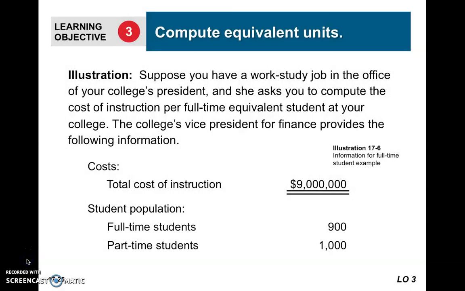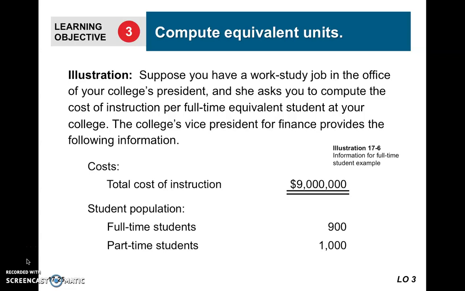Now, to explain what I mean by equivalent units, let's go over this example. We have a college president that wants to know how much is the cost of instruction for each student. But then we have two different types of student population. We have full-timers and we have part-time students.